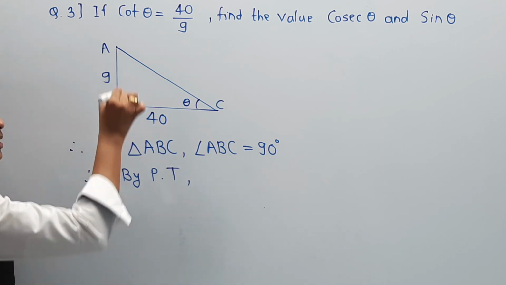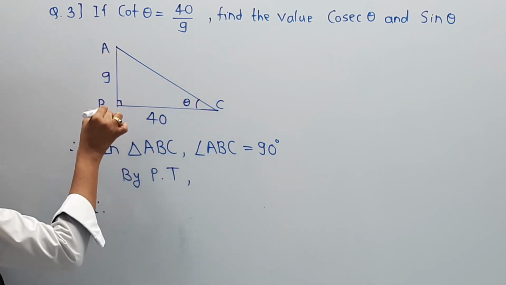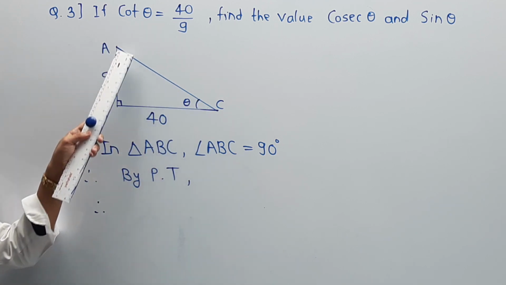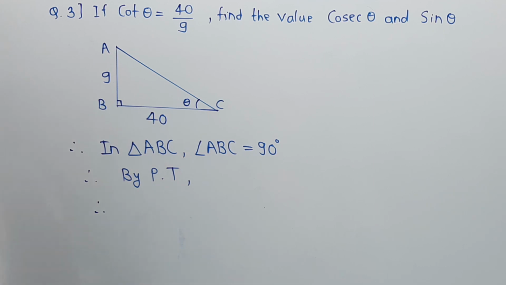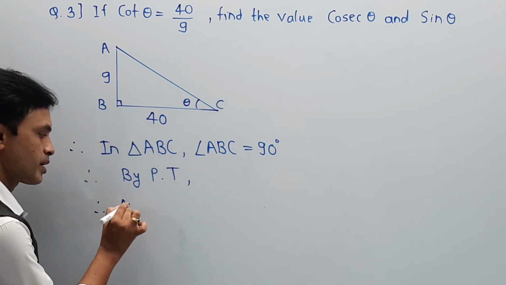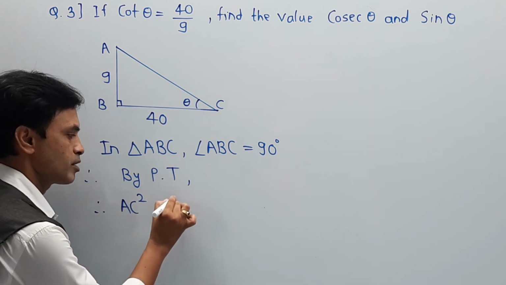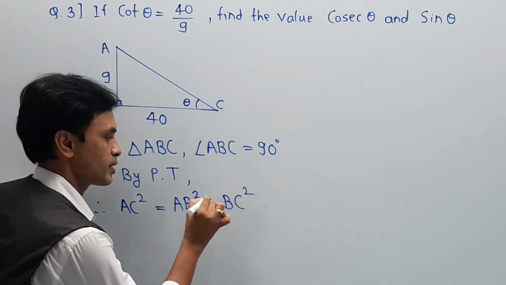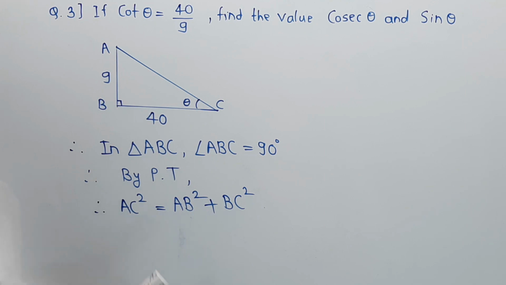So AC square is equal to AB square plus BC square. In this way we are able to write the Pythagoras theorem.